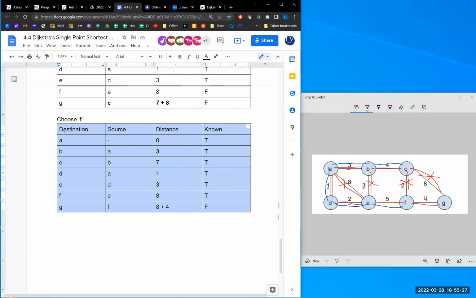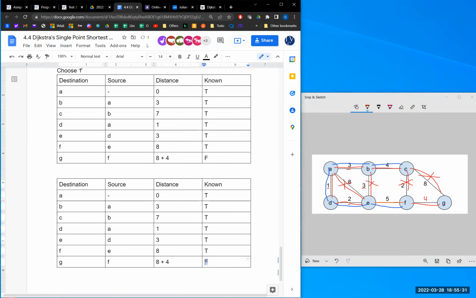And then the last thing to do is just go ahead and mark the last data point as known. And then set. Last node. As true.